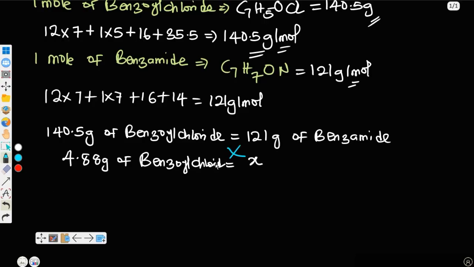Now cross multiply. What are we now going to have? 140.5X is equal to 121 times 4.88. Now divide both sides by 140.5.